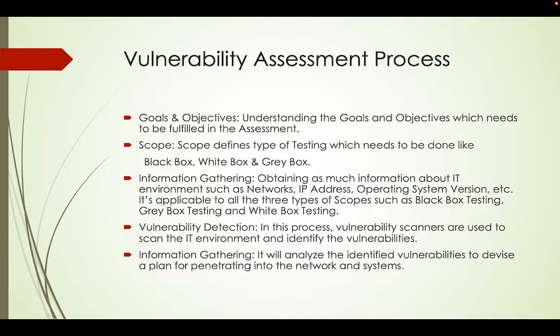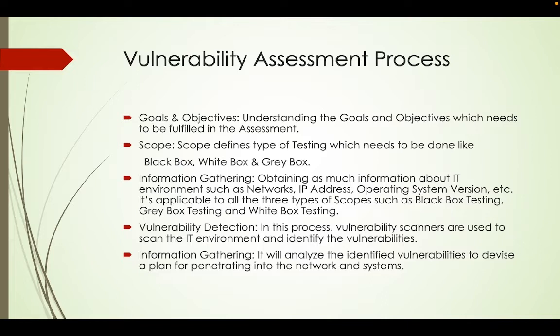We need to note that all these things are required in all three scopes: black box, gray box and white box. Whatever the scope we are testing, information gathering is always performed, and if it is not performed correctly, it could lead us to missing some major critical vulnerabilities.